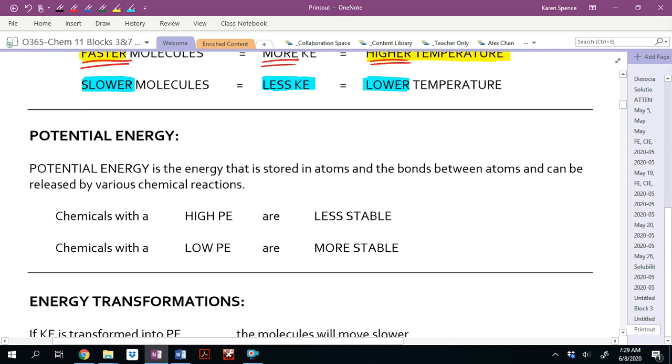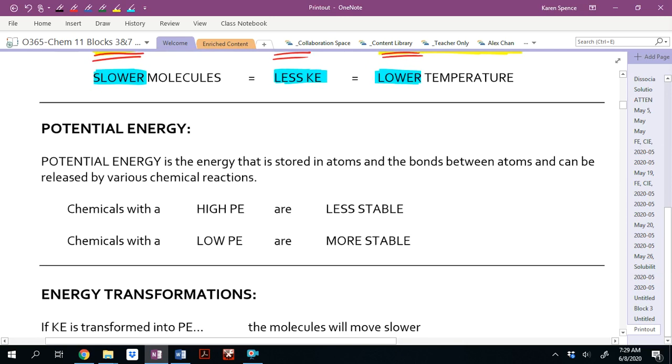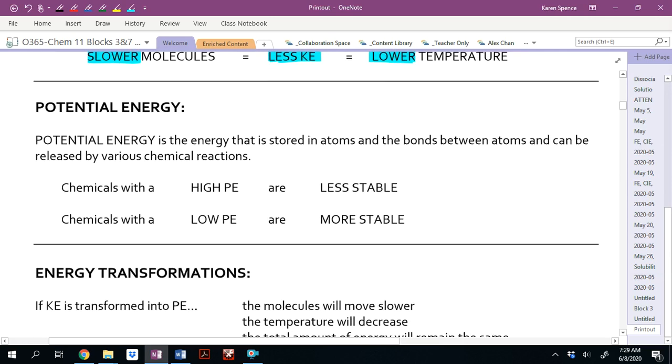Now let's talk potential energy. Potential energy is energy that is stored in atoms and in the bonds between atoms, and it can be released by various chemical reactions. Chemicals with a high potential energy are less stable, just like a ball at the top of the hill is less stable and has a high potential energy.